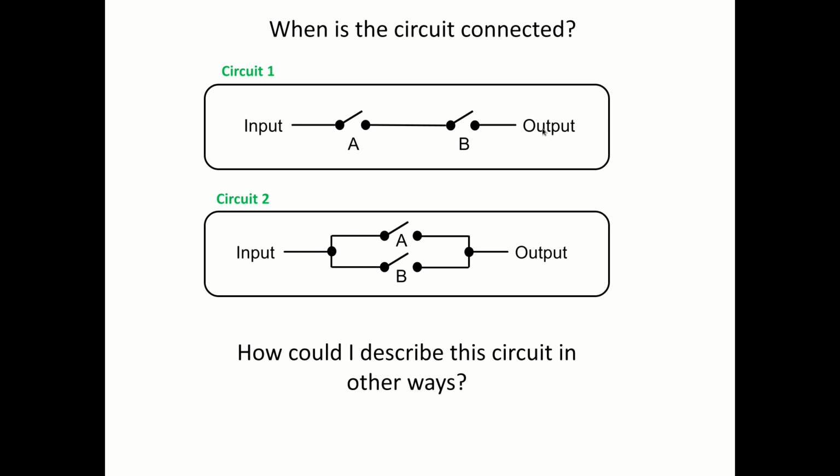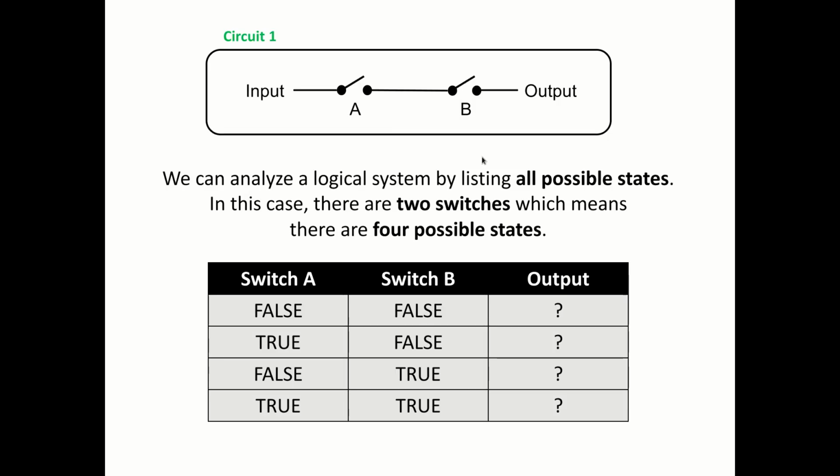Okay, so if we want to analyze this behavior, we can see that if switch A and switch B are open, then that means that no electricity is going to flow through the circuit.